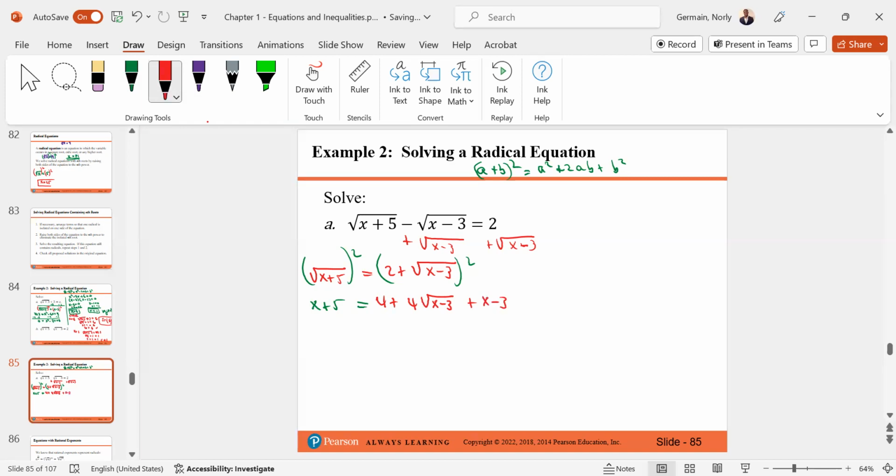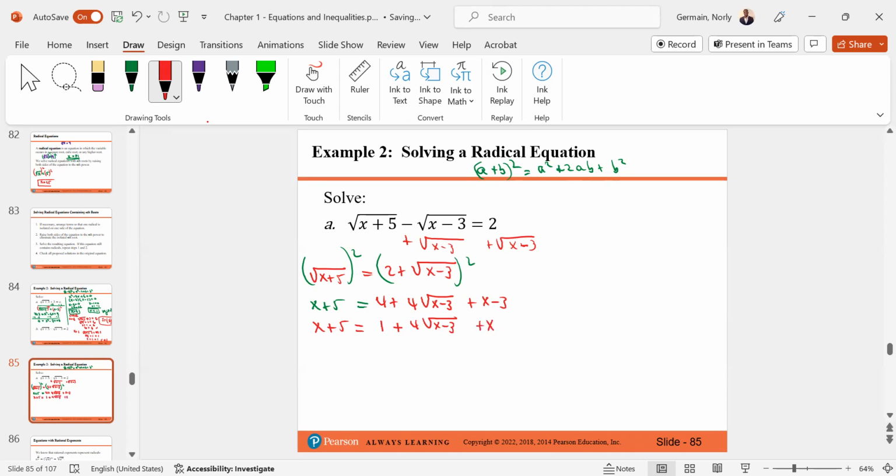After you do that, we must combine like terms. We have x plus 5 equal 1, because 4 minus 3 gives you only 1, plus 4 square root of x minus 3 plus x.